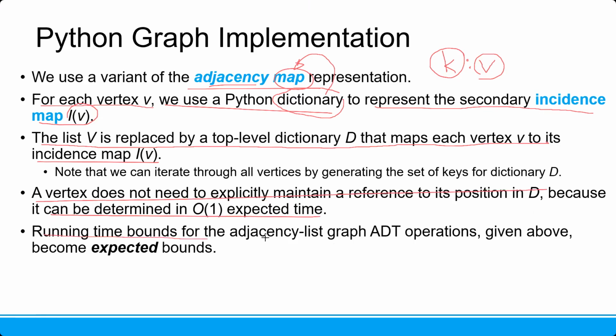So the running times for the adjacency list graph ADT given above become expected bounds. So if we use the adjacency map, it will be the best option for creating the graph.